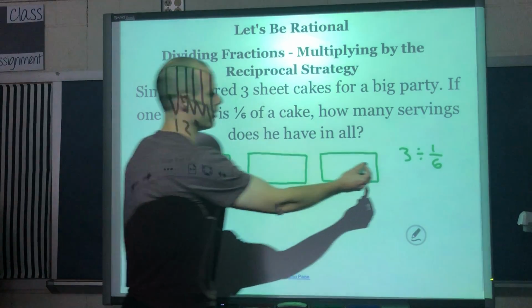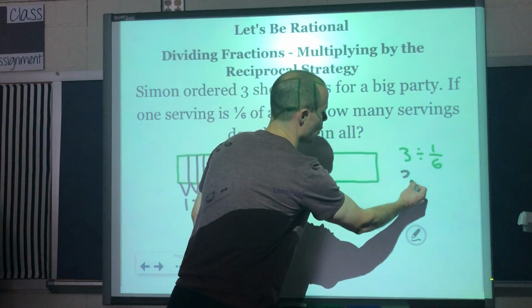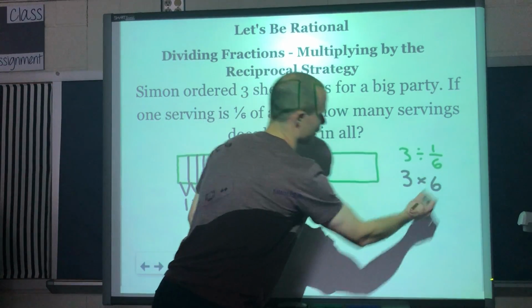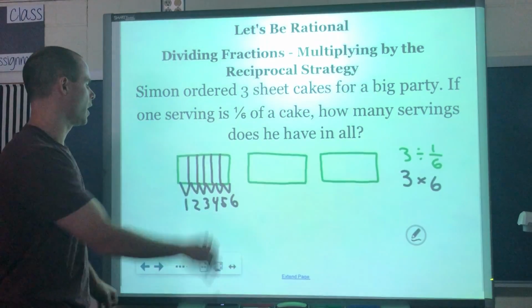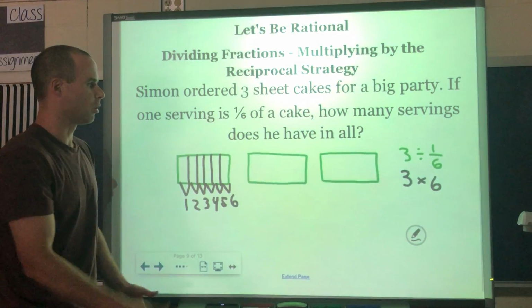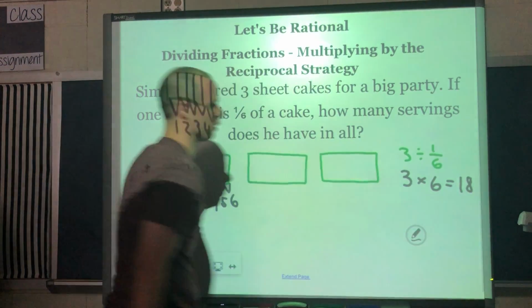So we can think about this problem as, instead of 3 divided by 1/6, 3 times 6, because really what I have is 3 groups of 6 servings. So really what we have is 18 servings in all.